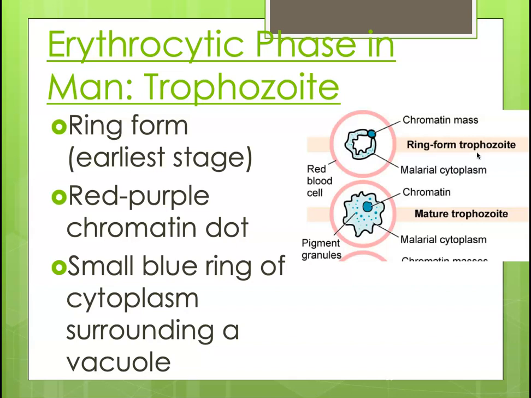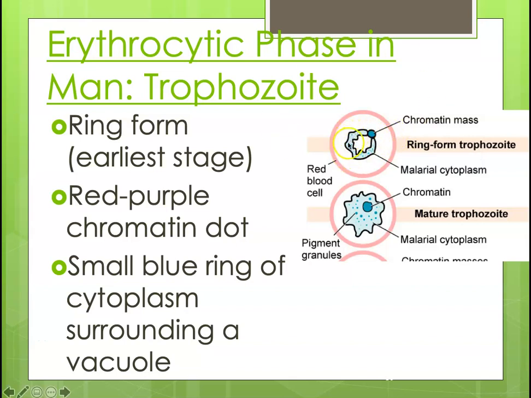This term doesn't mean the same thing here. Malaria has no means of motility, and it doesn't look anything like the trophs we've seen before, obviously. So keep these two trophs completely separate.